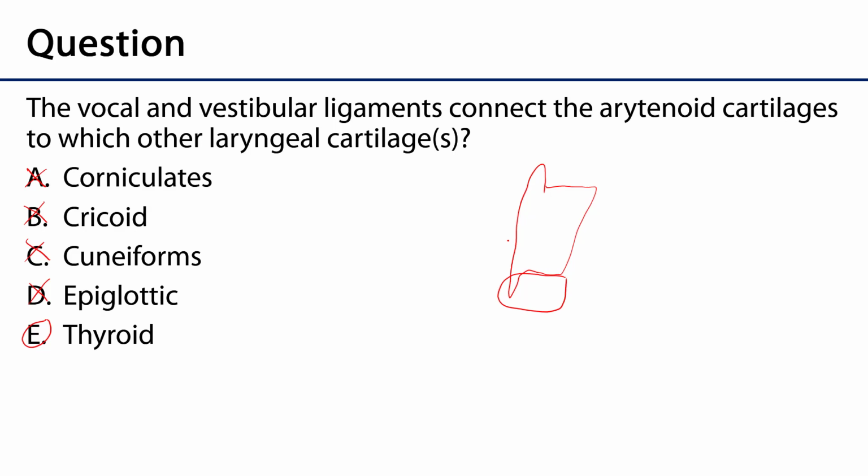And then our arytenoid cartilages sit atop the cricoid cartilage there. We would have a vocal process going to the vocal folds, and then vestibular folds also going there. So those vocal and vestibular folds are running between the arytenoid cartilage and the thyroid cartilage. So the correct answer is E.